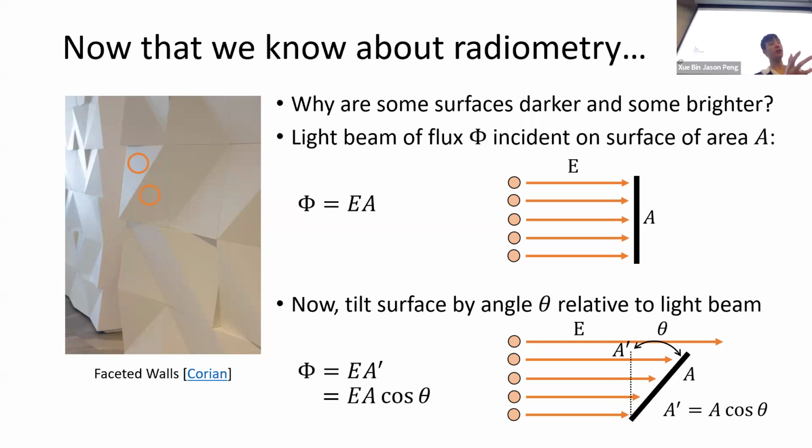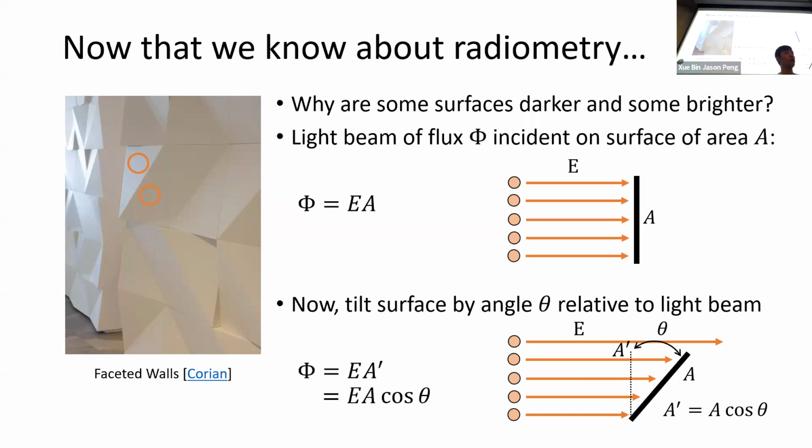So the larger theta is, the smaller the cross-sectional area is, and the smaller the radiant flux that arrives over the surface of our object. So what the radiant flux tells us is that surfaces that are facing towards the light receive more energy, and surfaces that face away from the light receive less energy.